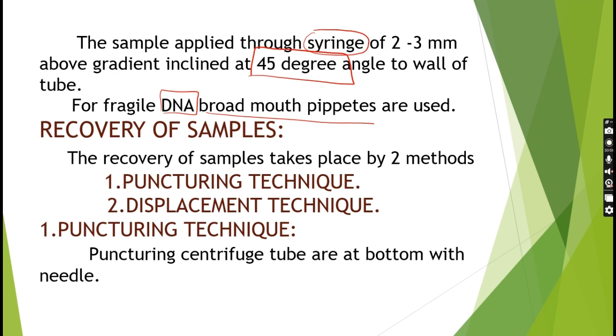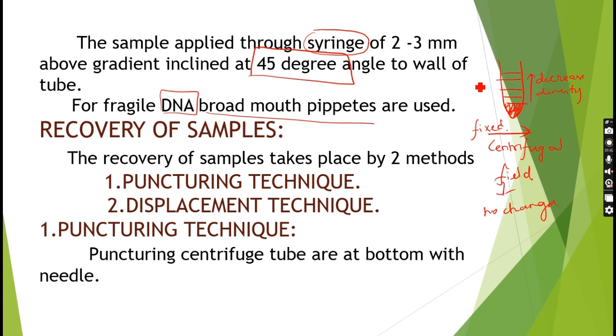So these gradients have different densities, with the higher dense solution at the bottom and a gradual decrease in density. When the centrifuge tube with the sample undergoes centrifugation, a centrifugal field is applied, where there is a fixed centrifugal field. There are no changes in the centrifugal field.